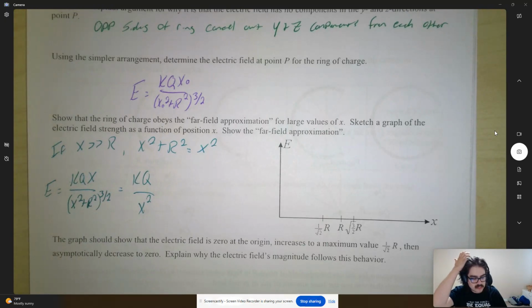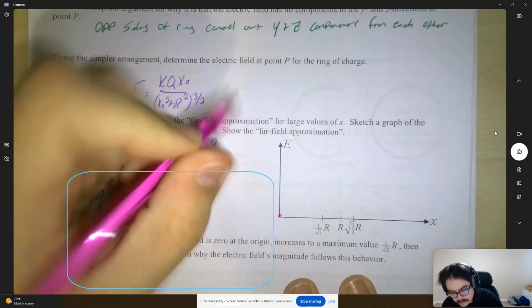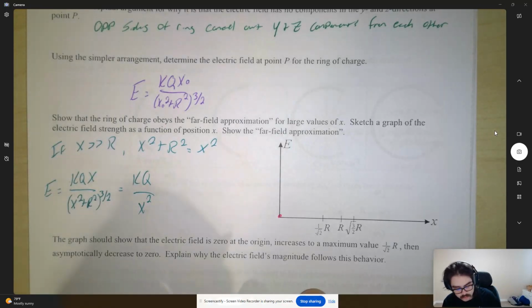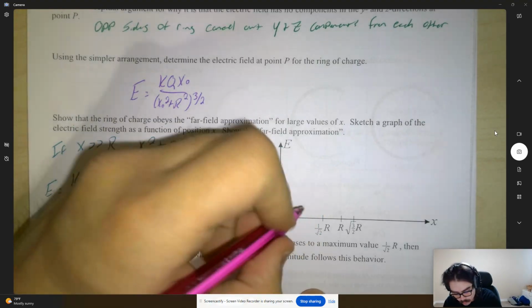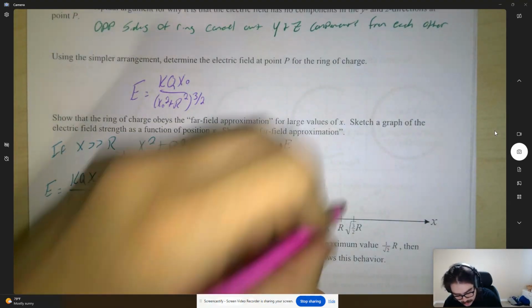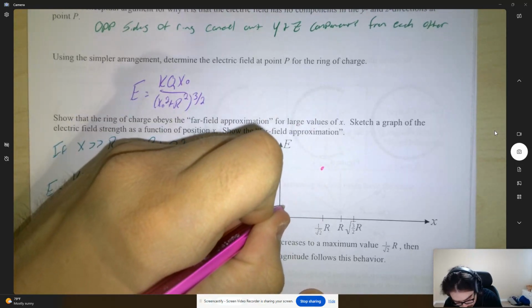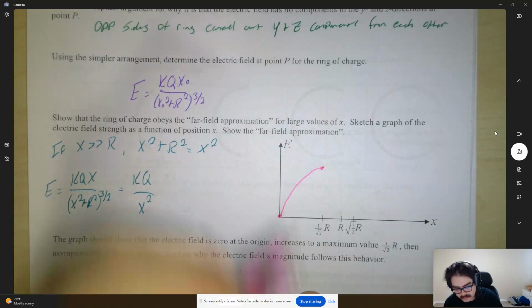So what we should see if we graph it is that the electric field starts at 0 at the origin, because in the middle of the ring everything cancels out. There's no x component. Then it should gradually increase to a maximum value right about here, and then it will asymptotically decrease to 0.